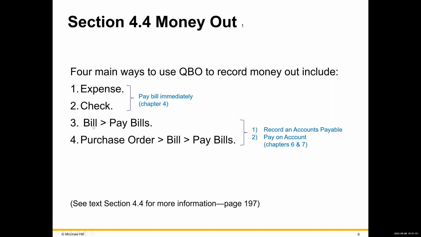So using this system, by entering the bill and paying the bill, we can then manage our accounts payable and what we really owe. And you guys only have to worry about these two right now. These are later on, but we will be focusing in on the expense and the check forms.